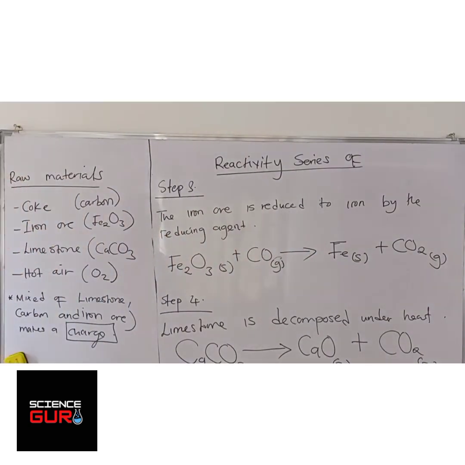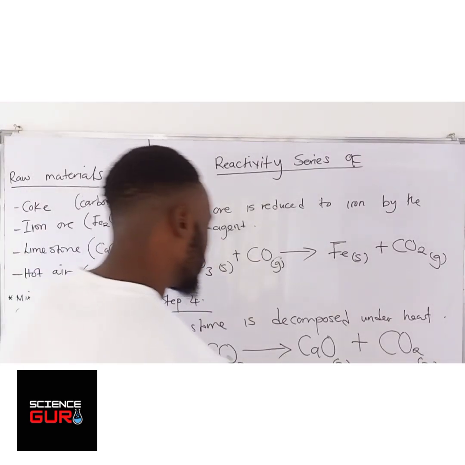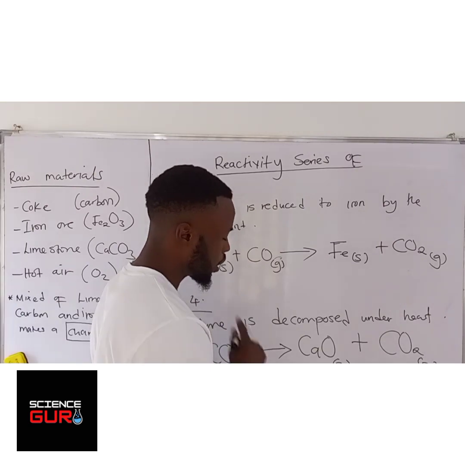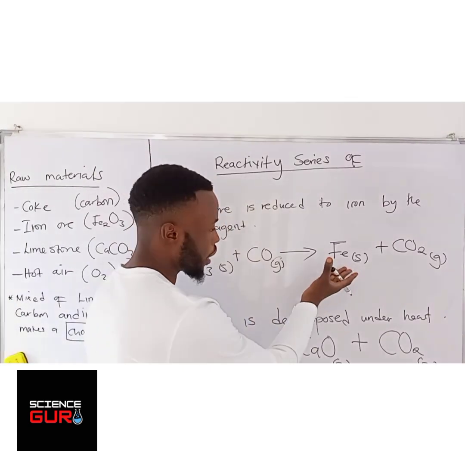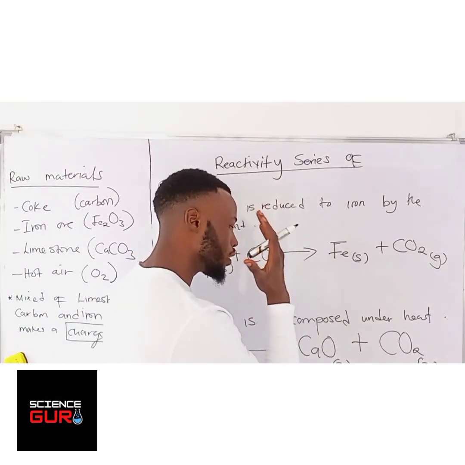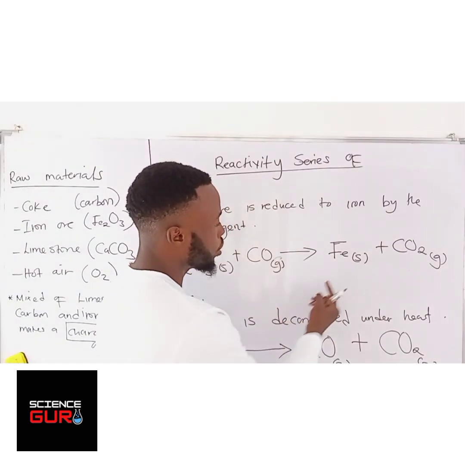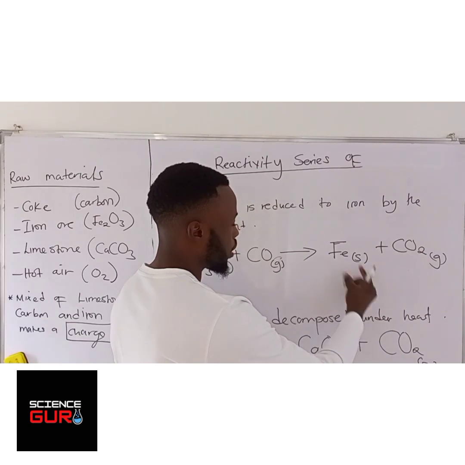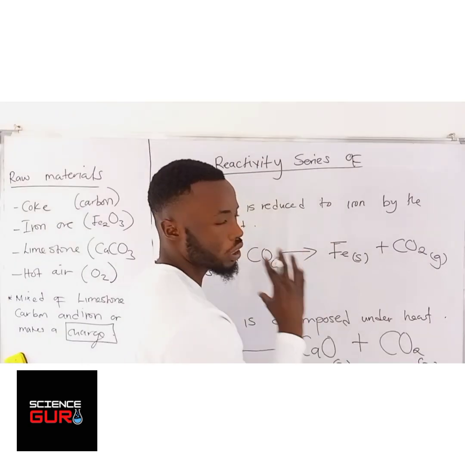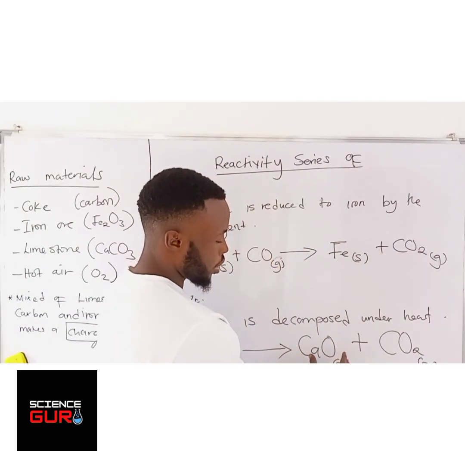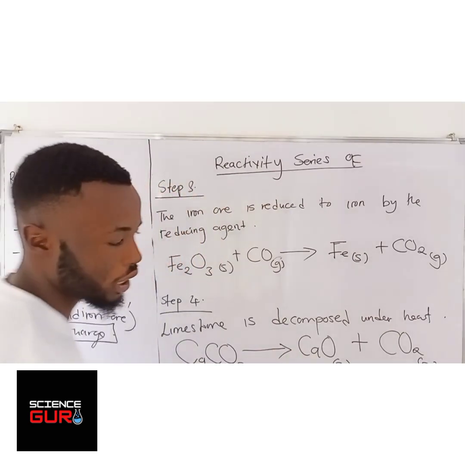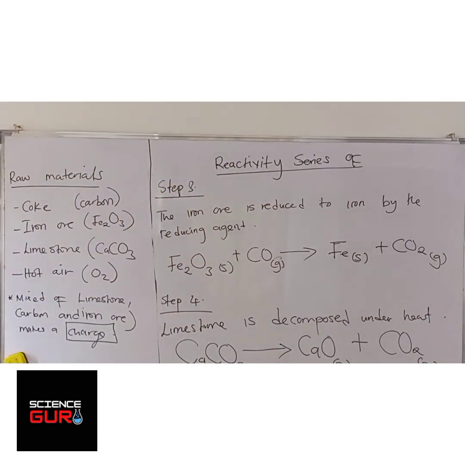Now, what's the whole point of decomposing? You want to purify this iron. This iron contains sand. Therefore, step number 5, you're going to react the impurities in iron, which is sand or silicate, with this calcium oxide.